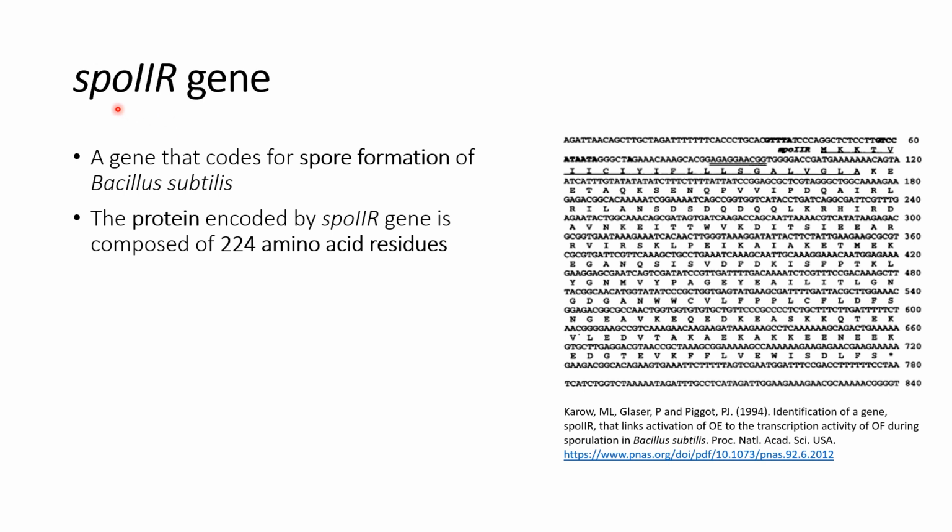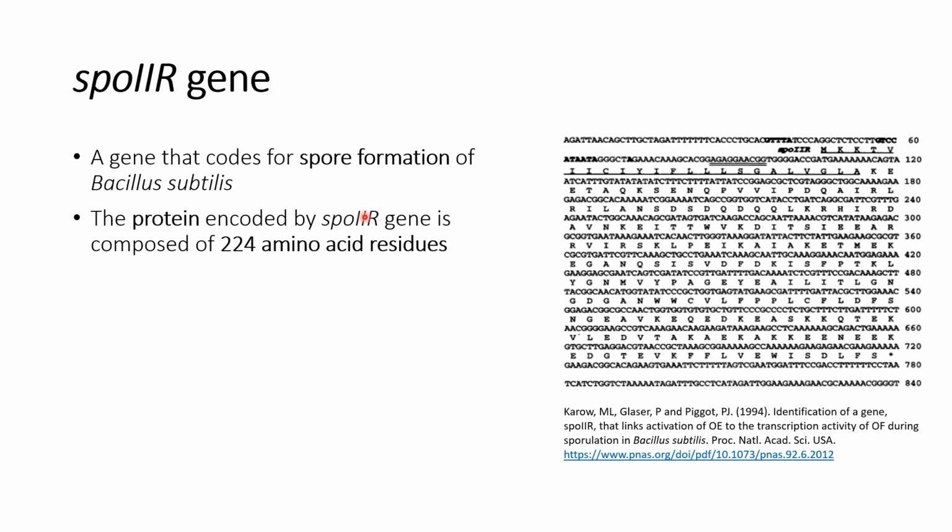Okay? So, in brief, this is the gene coding for spore formation. So, SPO2R gene. It is a gene that codes for spore formation of Bacillus subtilis. Bacillus subtilis is a gram-positive bacterium, no? So, the protein encoded for SPO2R gene is composed of 224 amino acid residues.